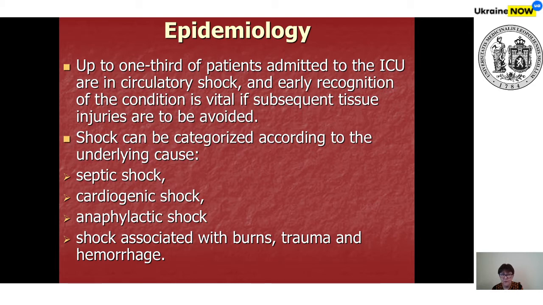Epidemiology. Up to one third of patients admitted to the intensive care units are in circulatory shock, and early recognition of the condition is vital if subsequent tissue injuries are to be avoided. Shock can be categorized according to the underlying cause the following way: septic shock, cardiogenic shock, anaphylactic shock, shock associated with burns, trauma, and hemorrhage.